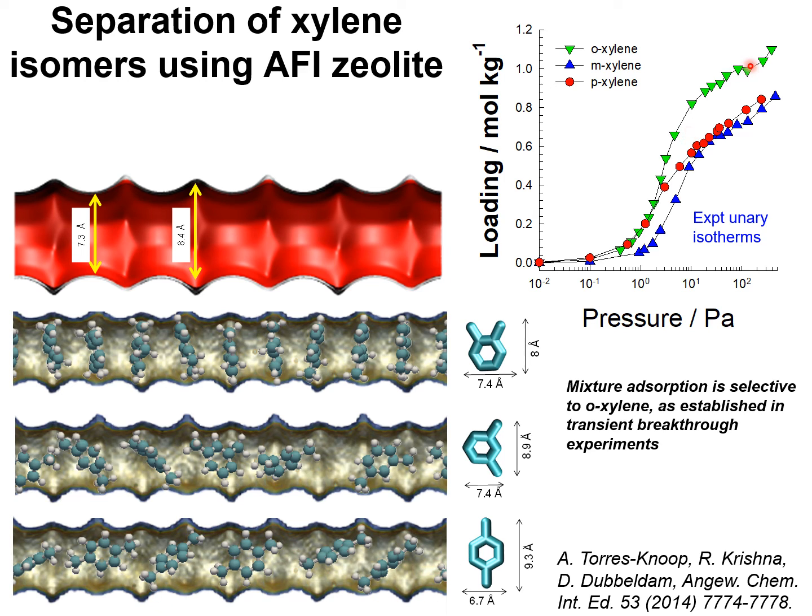The unary isotherms determined experimentally for orthoxylene confirm that the higher saturation capacity of orthoxylene is due to face-to-face packing of orthoxylene within the tubes.